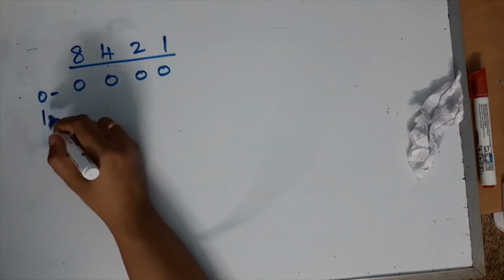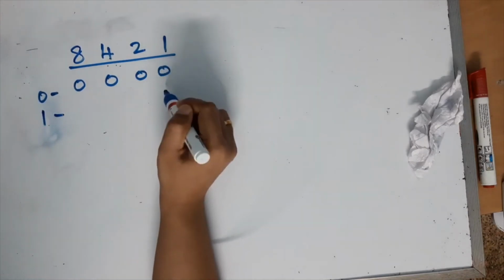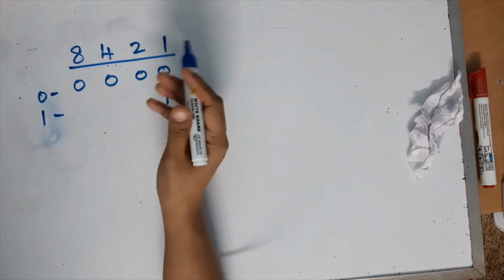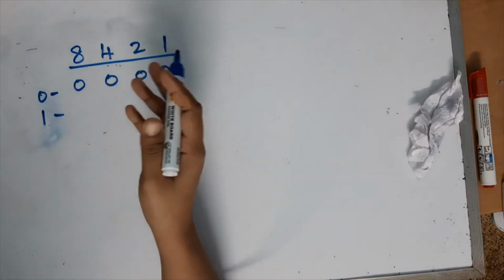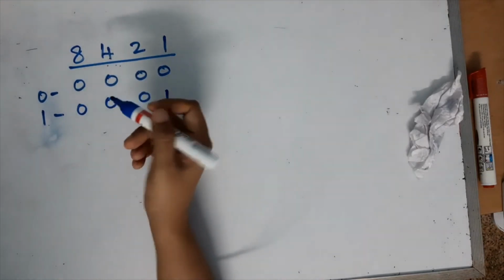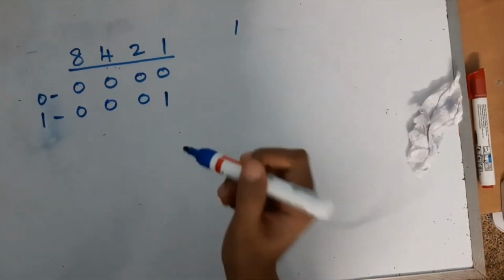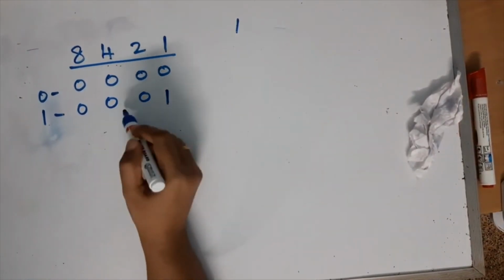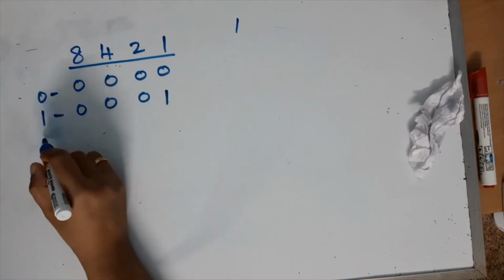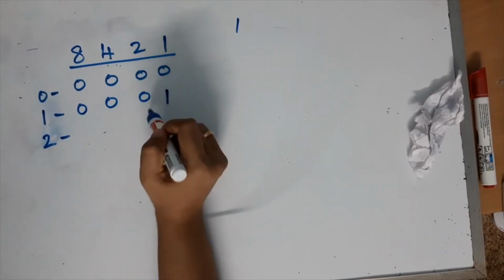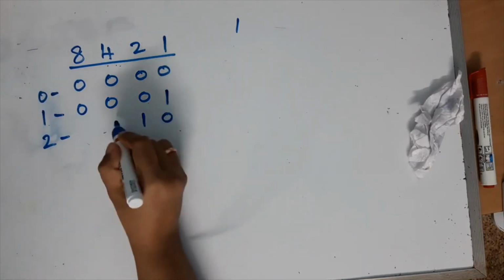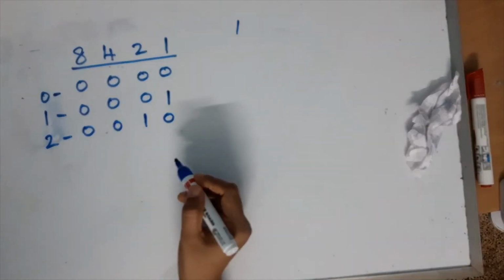For 1, we need only 1 into 1. Actually just write 1, that is enough. But since we want to represent it in 4 bits, we'll write it as 0001. Both are the same. You write it as 1 or 0001, all are the same. So 2 means 2 into 1. So for 2, you have a 1 and 0 in all the other places.